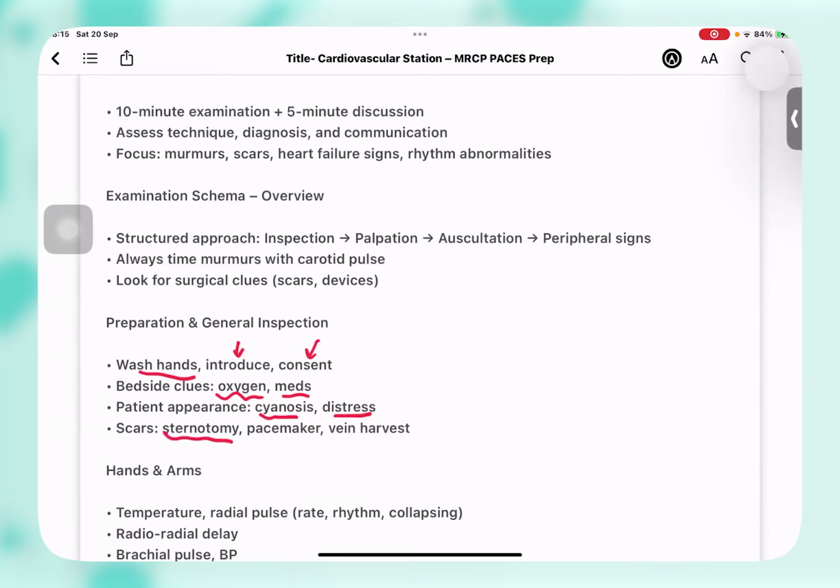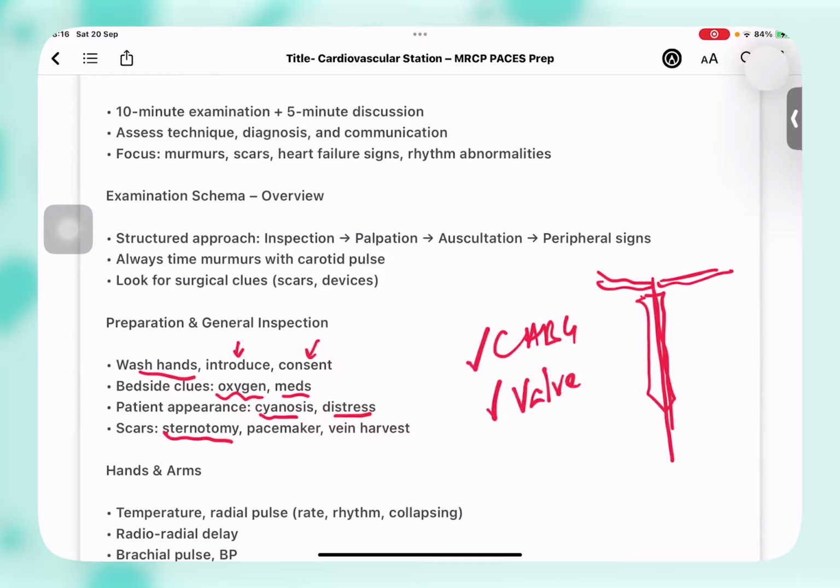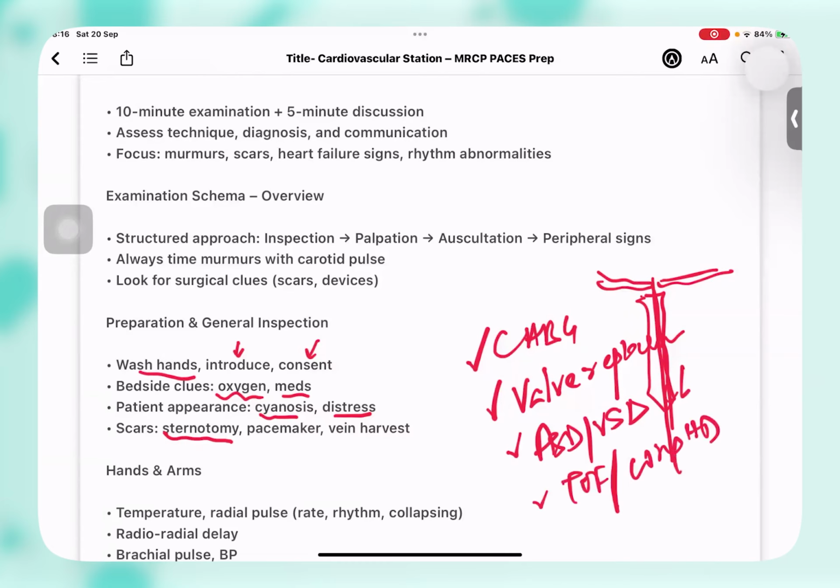These cardiovascular patients may have had CABG, but not all midline scars necessarily mean that the patient has had a CABG. It only means that the patient has had open heart surgery, which could be CABG, a valve replacement, or, in older times, ASD or VSD closure, TOF or any congenital heart disease repair surgeries.